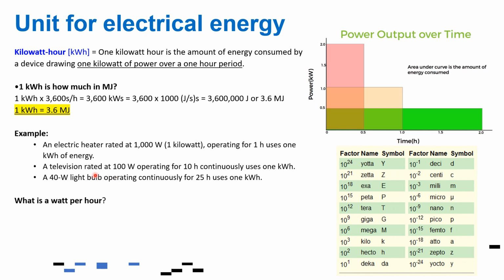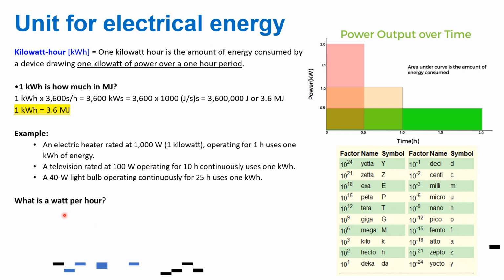So a television rated at 100 watts operating for 10 hours also uses 1 kilowatt hour of energy. All right. So you have to remember this is basically a function of the power and the number of hours of use. So a 40-watt light bulb operating continuously for 25 hours also uses 1 kilowatt hour of energy.